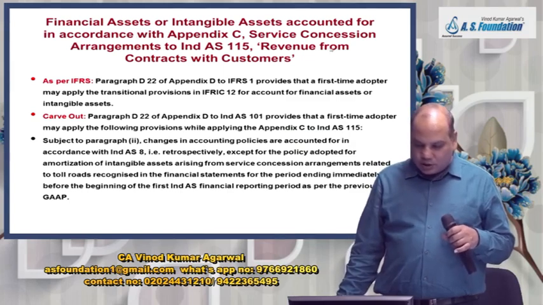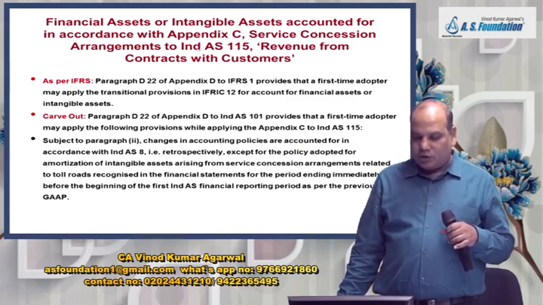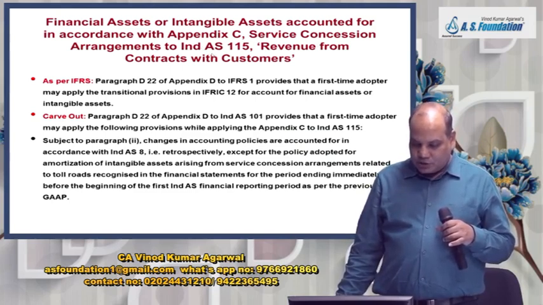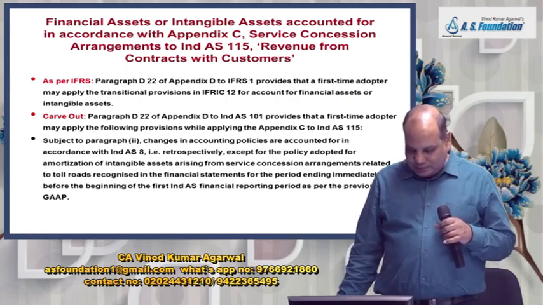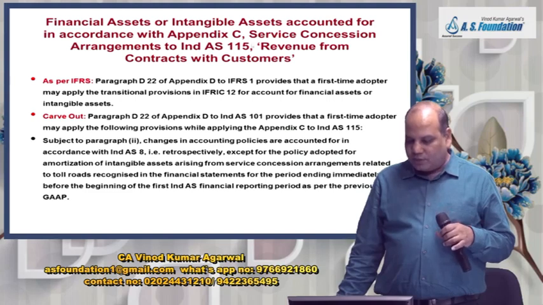Now next is financial assets or intangible asset accounted for in accordance with Appendix C, that is service concession arrangement to Ind AS 115, revenue from contract with customer. Now what is 115 service concession arrangement?